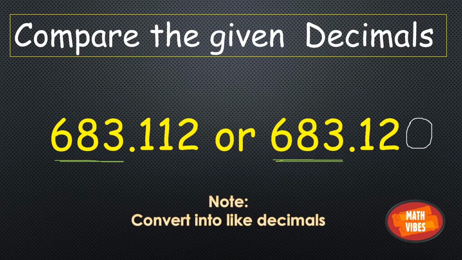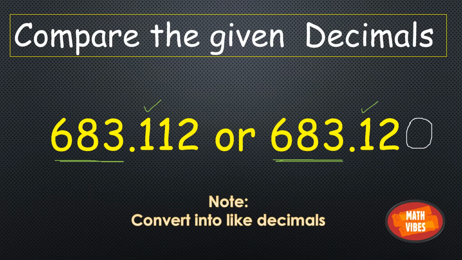But now when the whole parts are same, what does our rule 2 say? Go to the tenth part. Here at the tenth part we have 1, and here also I have 1. So at both the tenth places I have 1.